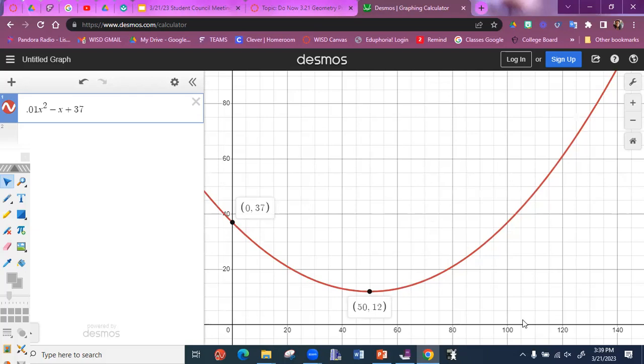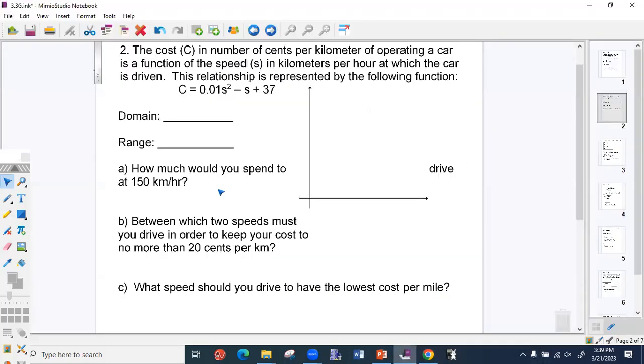Where do my x's begin and end? 0 to, well, it goes beyond 50, right? Because it's still going in quadrant 1. So in theory, it could be 0 to infinity. We don't know where the speed stops. So we go from 0 to infinity.